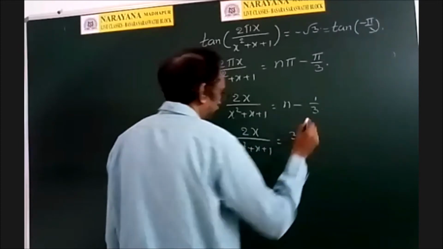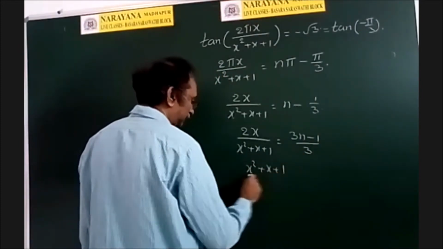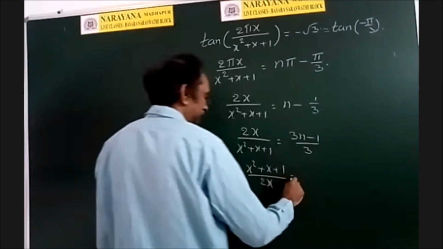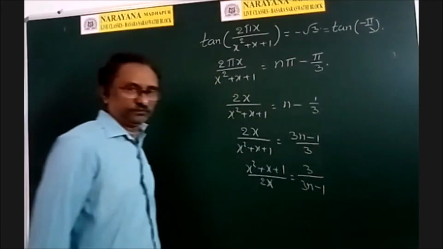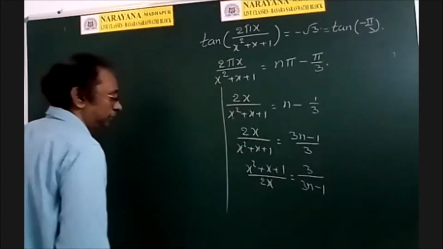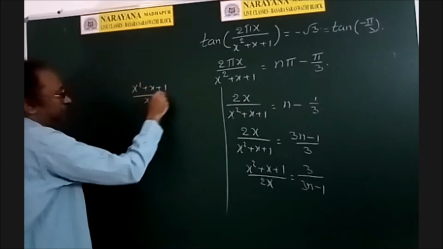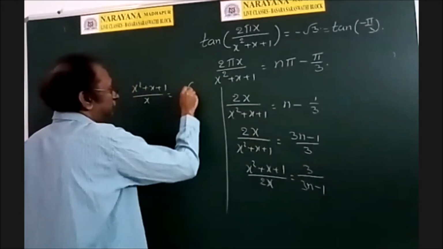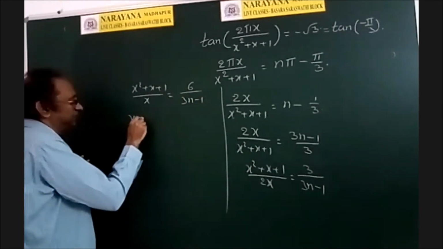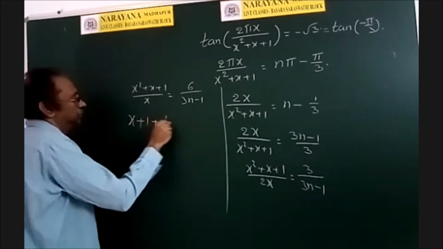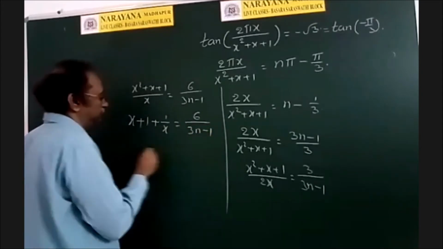3n minus 1 by 3, and now reverse. So x square plus x plus 1 by 2x is equal to 3 by 3n minus 1. So see what happens now. x square plus x plus 1 by x is equal to 6 by 3n minus 1, and x square by x, x by x, 1 and 1 by x is equal to 6 by 3n minus 1.